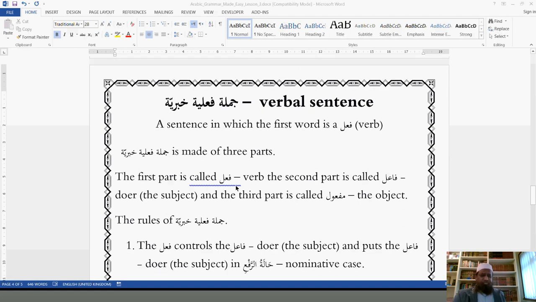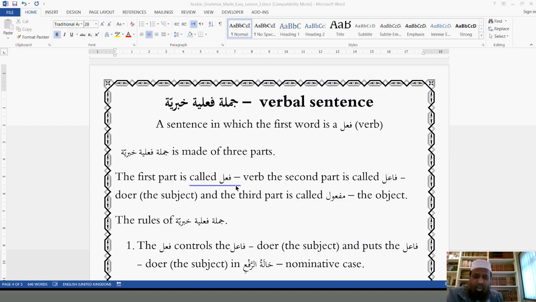Number 1, the fi'l controls the fa'il. Remember I said ism controls another ism, that is in Jumla Ismiya. In Jumla Fi'liya, the fi'l controls the fa'il. The fi'l governs the fa'il. The fi'l tells the fa'il in which case to go in. The fi'l controls the doer, the fa'il, and puts the fa'il into halatul rafa.